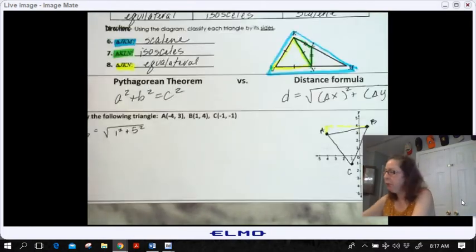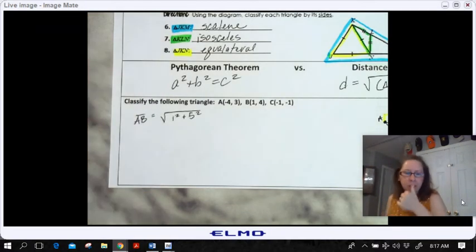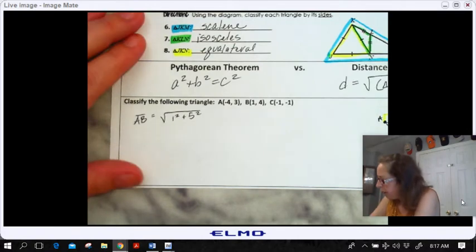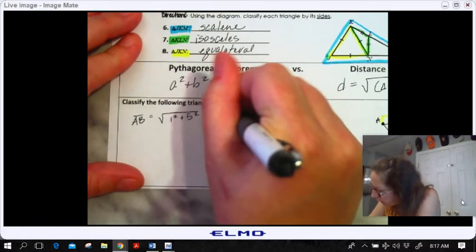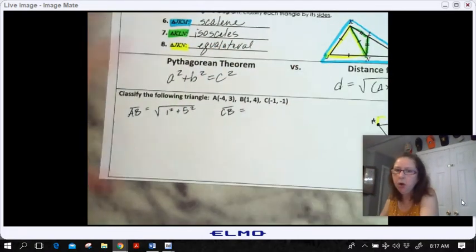Okay, and so I write it like this. Okay, 1 squared plus 5 squared. That's going to be the length of AB. Let's find the length of CB. I'm just going to go ahead and find them all right now.